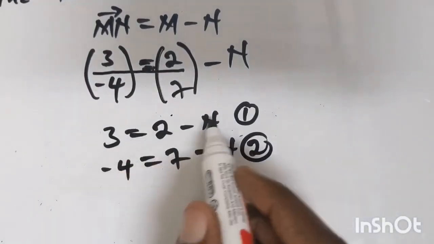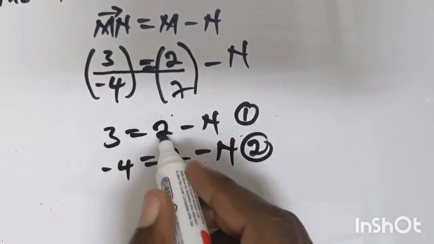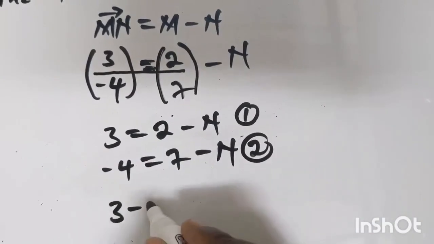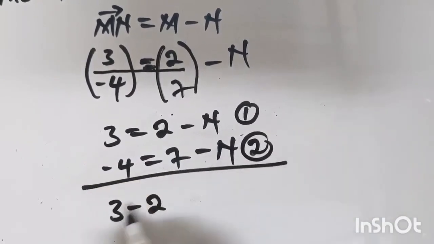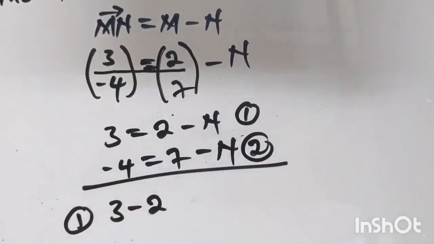So if you want to find the coordinate for this first one, this is 3, and 2 can move to this side. So that is going to be 3 minus 2, okay? So I have gotten equation 1 there.